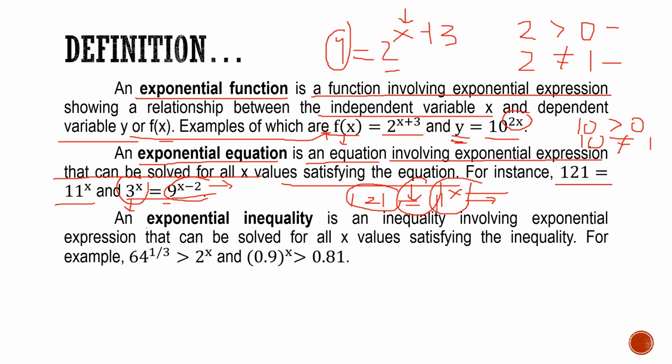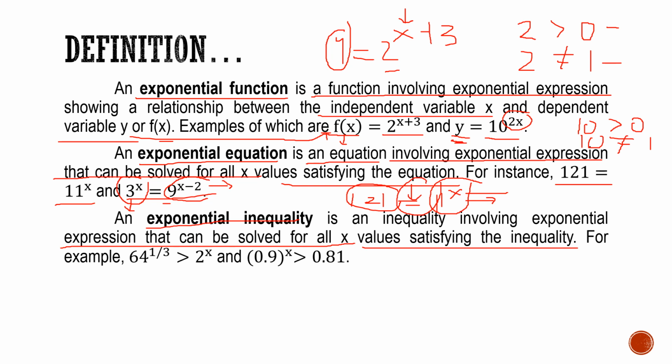So for your exponential inequality, it is an inequality involving exponential expression that can be solved for all x values satisfying the inequality. So what is the difference now between your exponential equation and inequality is the sign between the left side and the right side.